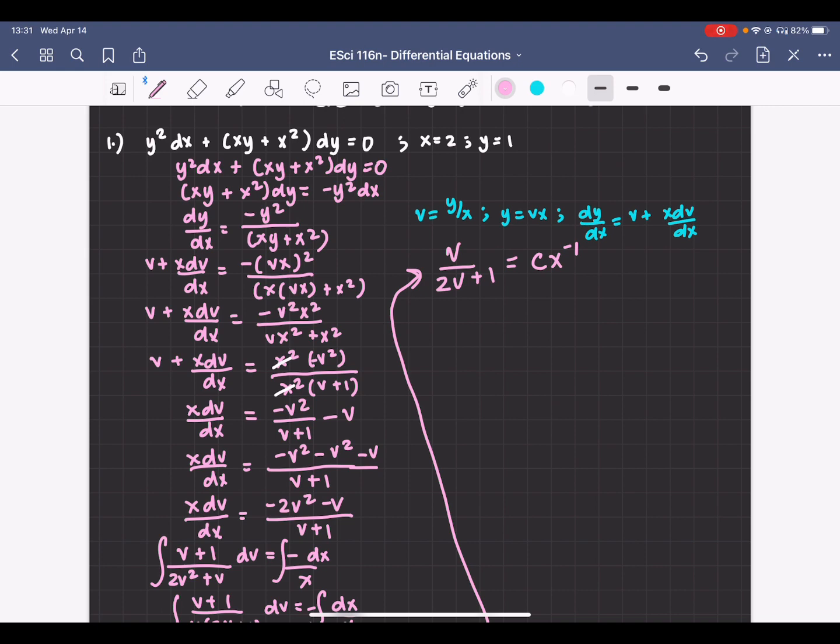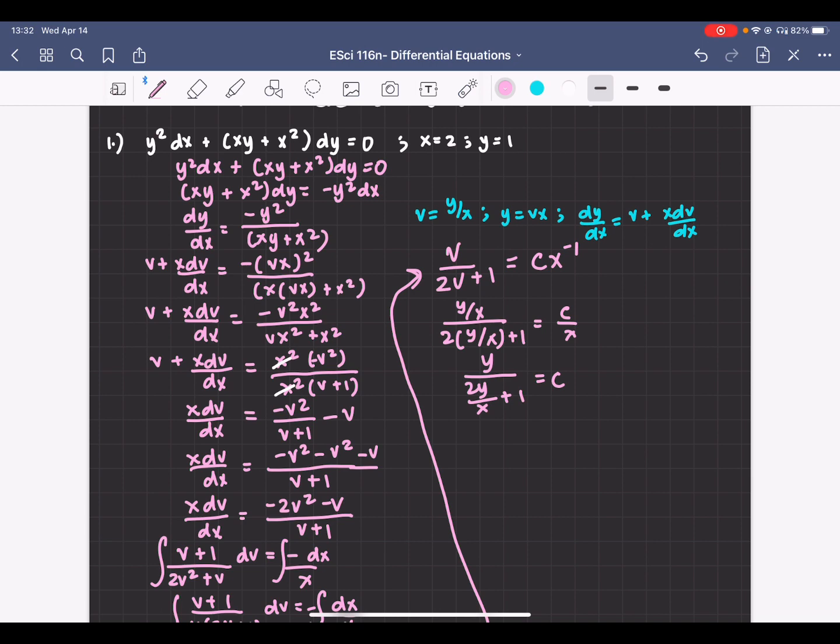So that's y over x all over 2 times y over x plus 1 is equal to C over x. Now transfer the x to the left side. That is y all over (2y over x plus 1) is equal to C.